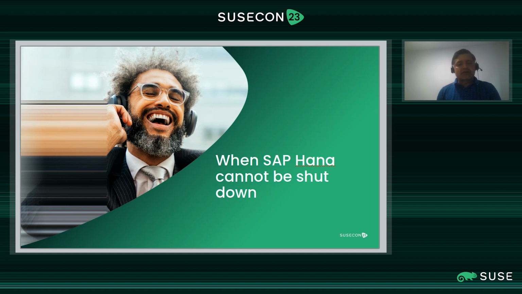We do not want HANA to be shut down, but we just want to do some maintenance on either HANA or on the OS side, or the cluster stack side. So what are the procedures needed in such a scenario?